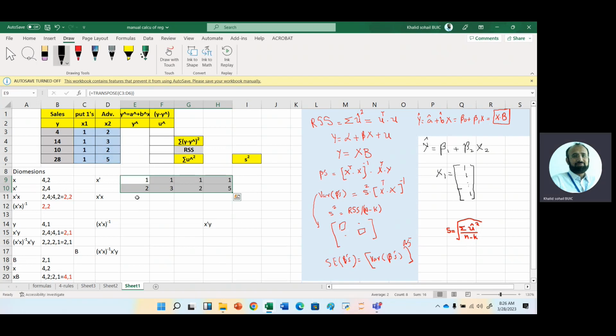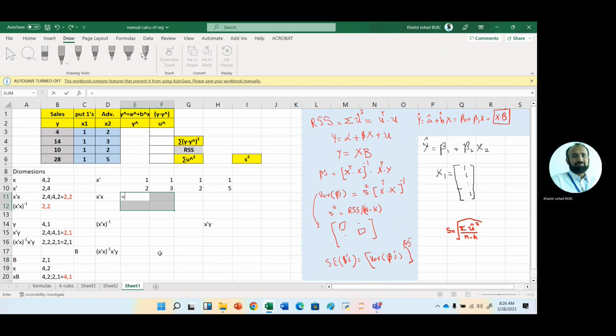So this is the transpose of X. Now we multiply X transpose with X, and the resultant matrix should be 2 by 2. So we locate the space again and use MMULT, multiplied by this X.